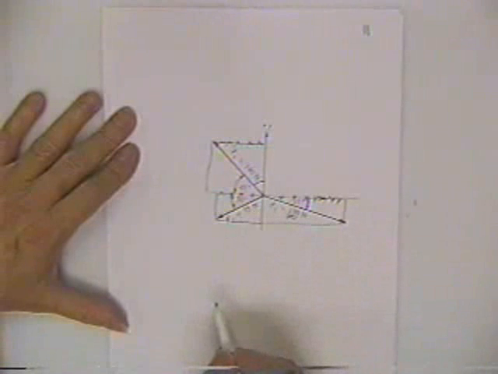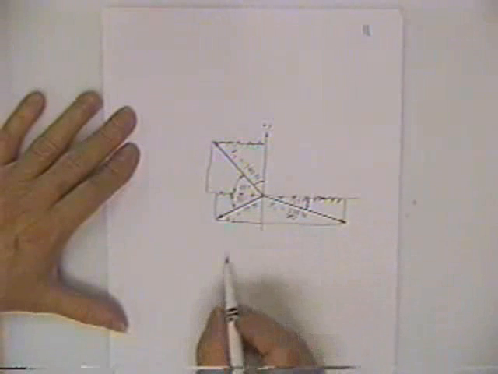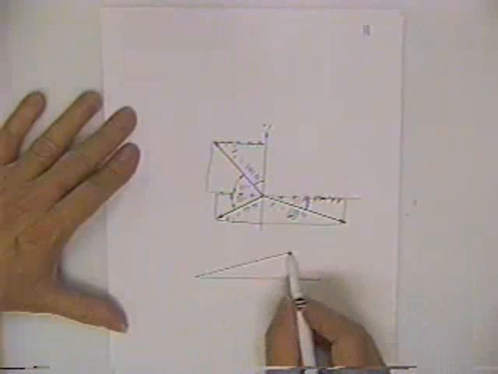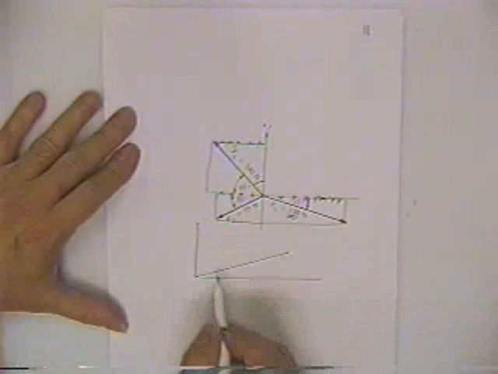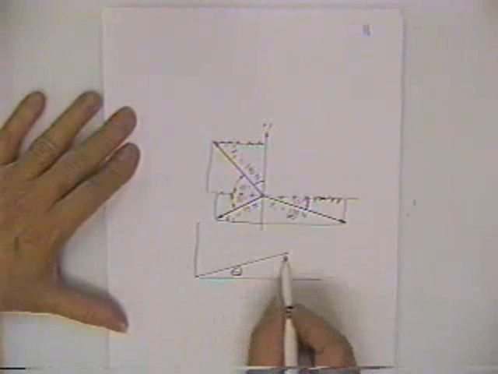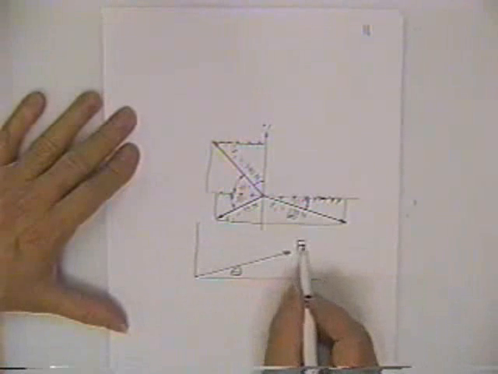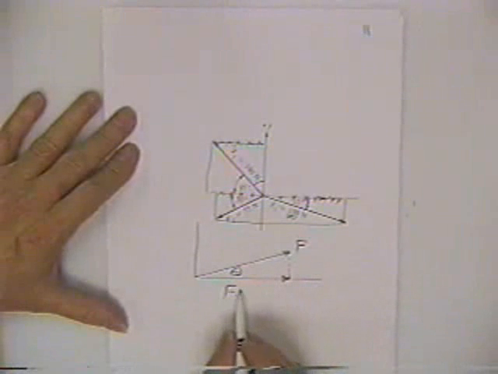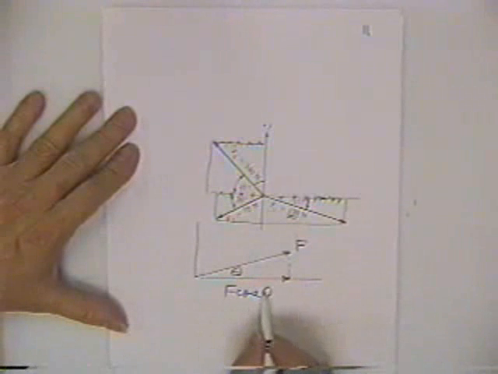That would give you vertical components. So anytime you want the component of any force on any axis, all you do is multiply the magnitude of that force times the cosine of the included angle.